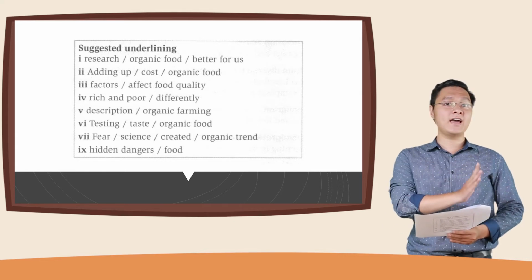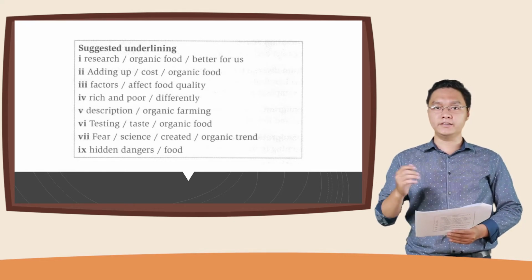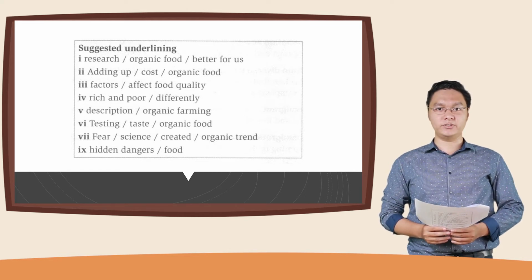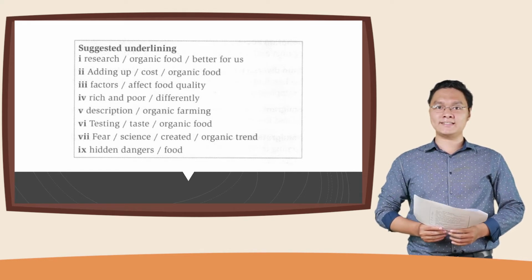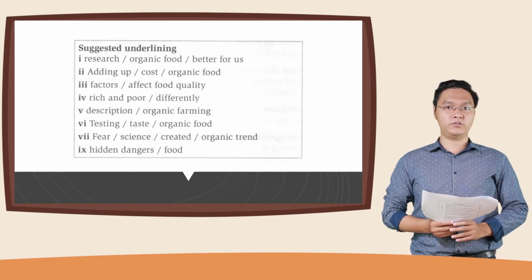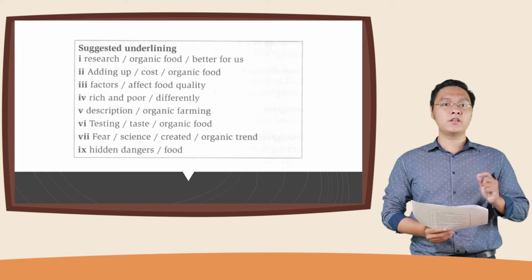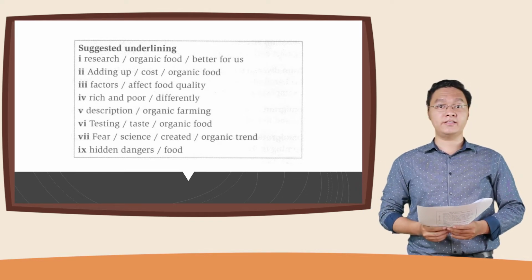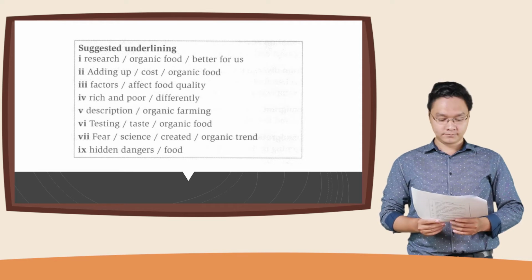So when you have A, created, B, which one is the cause and which one is the result? Yes. So the part that goes before the word creates is the cause, and then the part that goes after is the effect or the result.